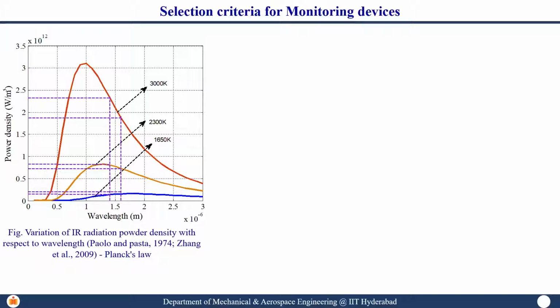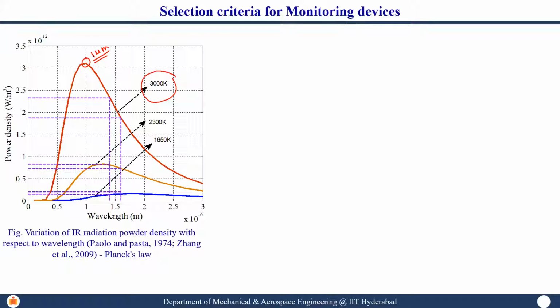Now, let us assume you see this curve. I have used these equations from Planck's law and plotted this one. If your molten pool temperature is 3000 Kelvin, and you measure the 1 micrometer wavelength, you will have higher intensities.